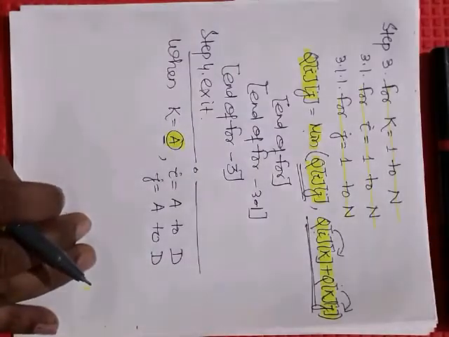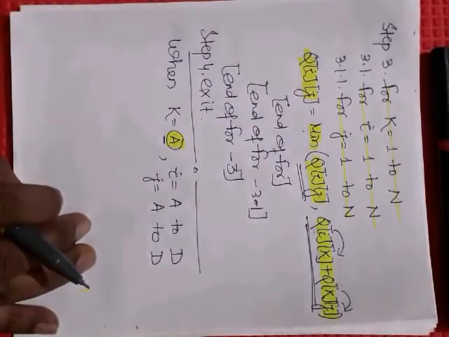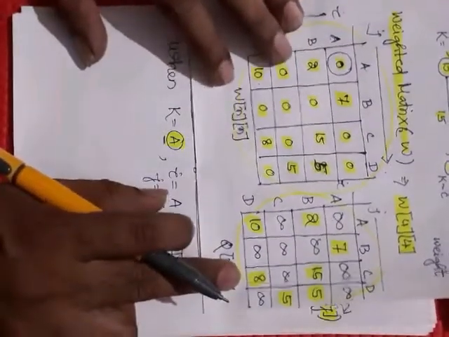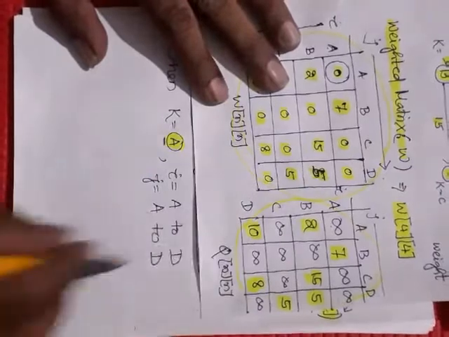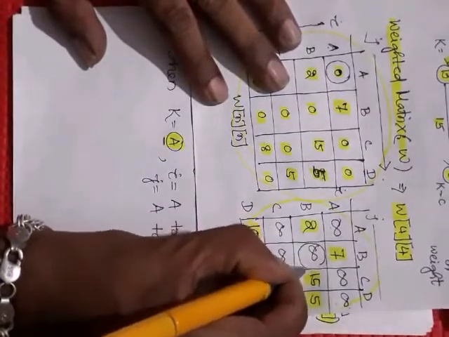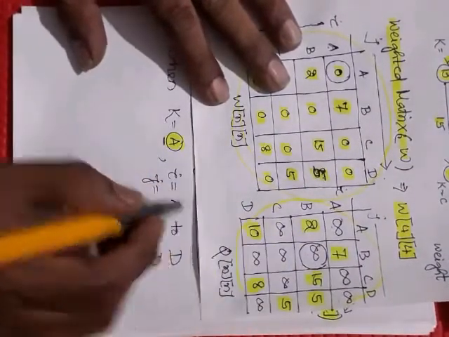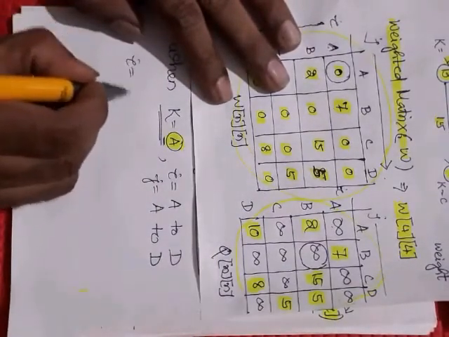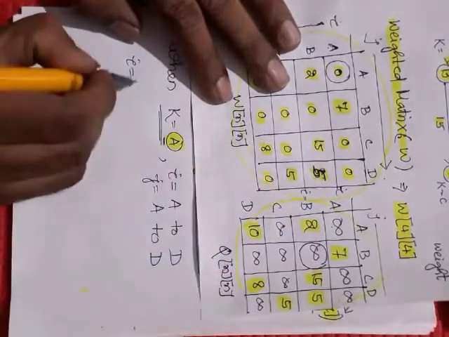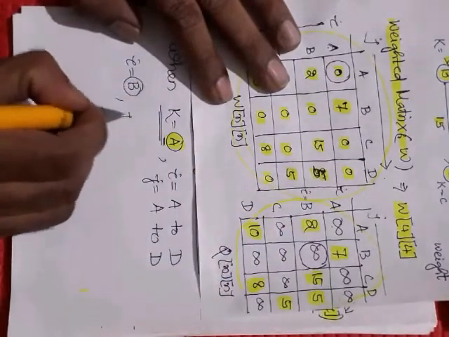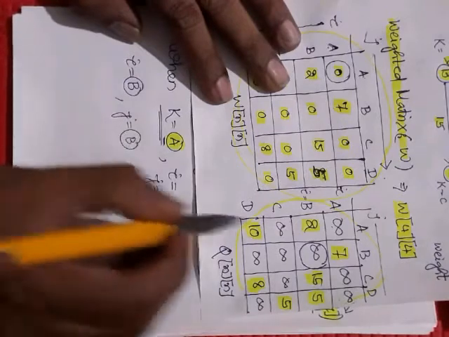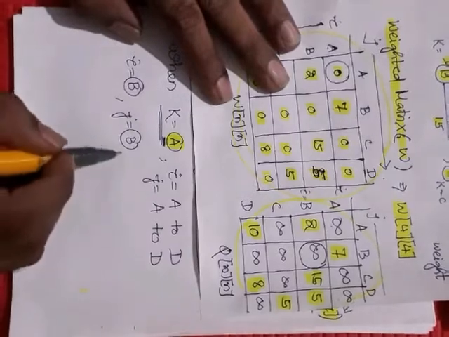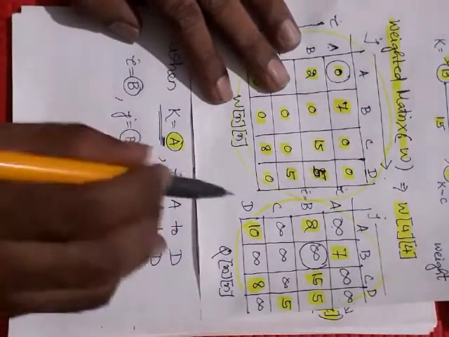To understand this, let us take this example. When k equal to a, what is the area it is updating? You can observe here, you will find the updation at this place. How are you updating? When k equal to a, let us say i is at b, then j is also at b. Using intermediate vertex a, you will check whether you find any shorter distance.